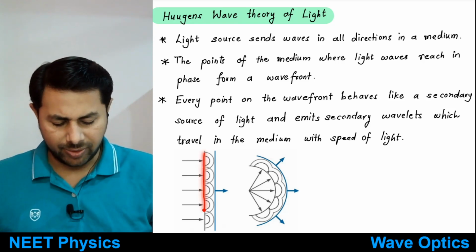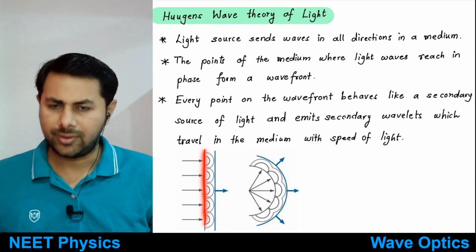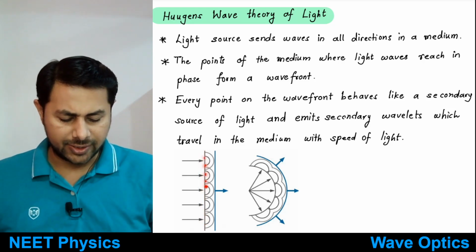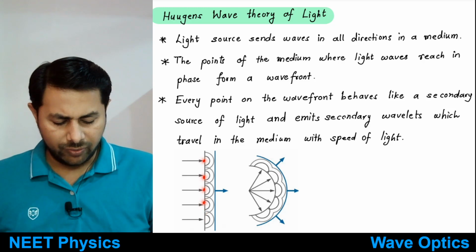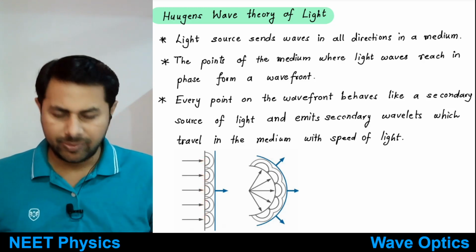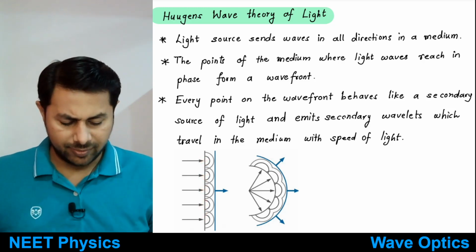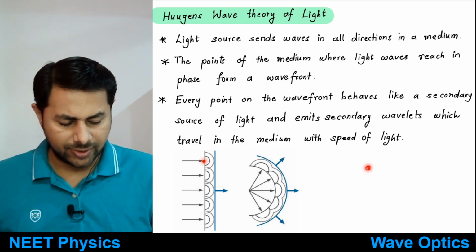Suppose you take this wavefront. All points here are in the same phase. So he says every point on this wavefront will behave like a secondary source of light. Suppose this is a point source.